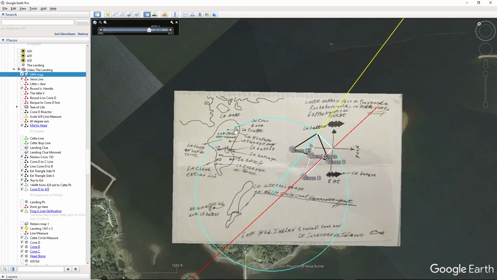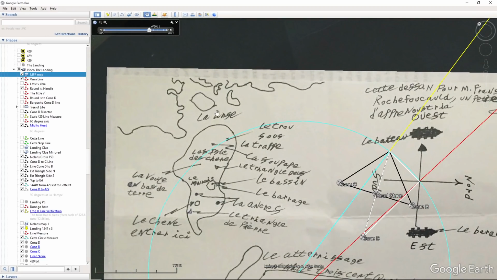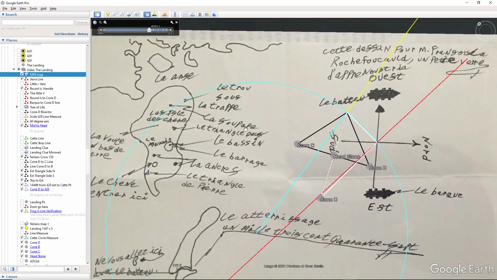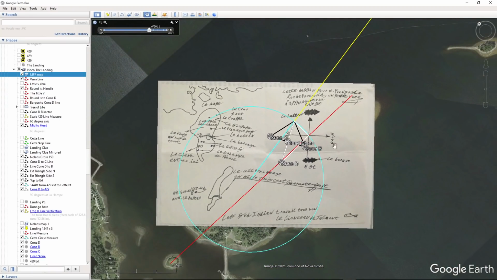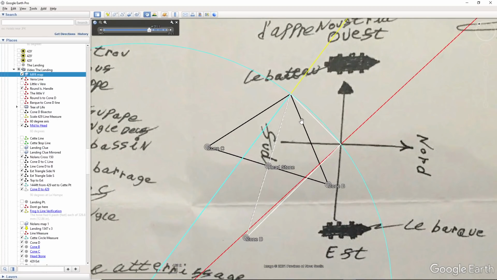Everything that I've explained on this map so far has a reason behind it, not just a made up reason, but an actual clue that emanates from this document to basically recreate Nolan's cross. And this is the first step in creating Nolan's cross.